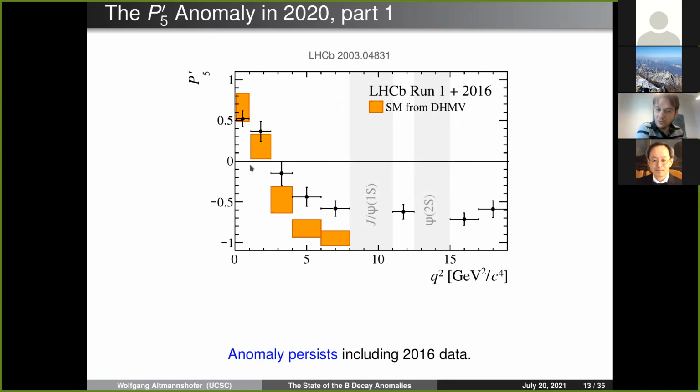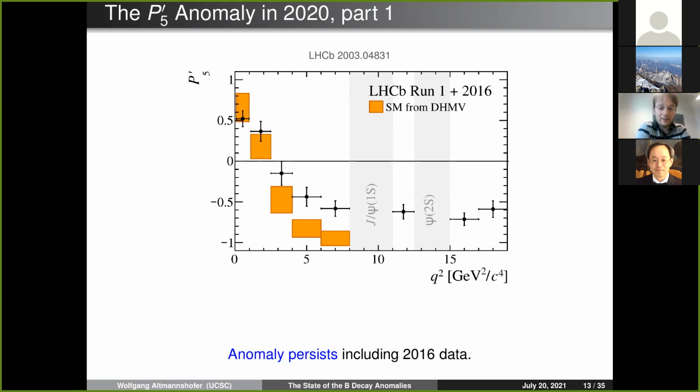The central value shifted slightly. The uncertainties got quite a bit smaller. Standard model predictions again have uncertainties that one can discuss. What one sees here is that the standard model uncertainties have roughly a similar size as the experimental uncertainties.